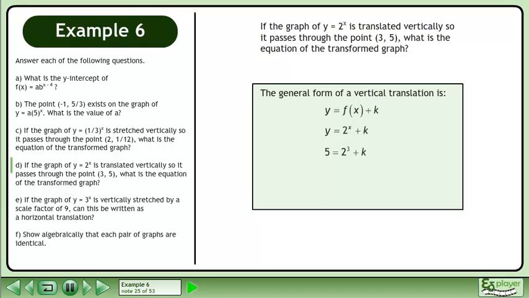Plug in the point 3, 5. Two cubed equals 8. Subtract to get k equals negative 3. The transformed graph is y equals 2 to the x minus 3.